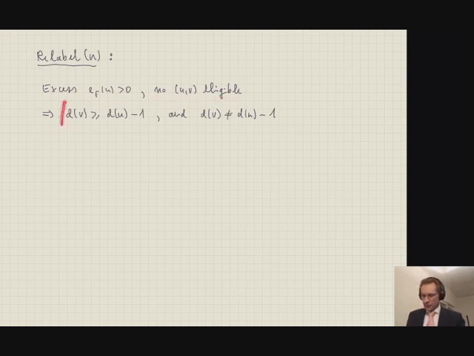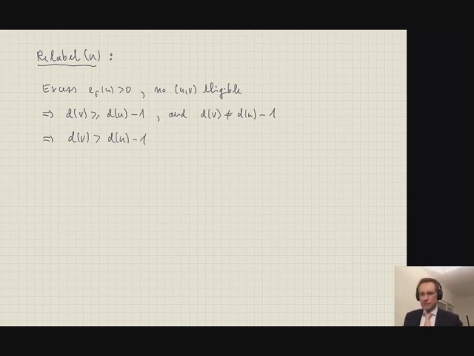Before this relabel operation, the labeling was feasible, so all the edges were downward sloping by at most one. And since no edge was eligible, this is not fulfilled with equality for any of the outgoing edges. So the label of U must be strictly smaller than the label of V plus 1. So we know that D of V is strictly larger than D of U minus 1.